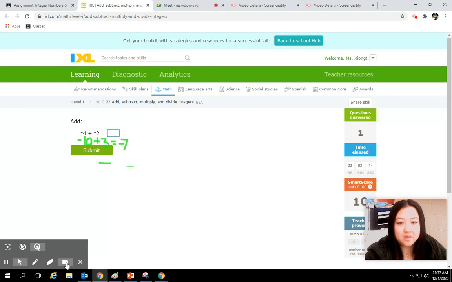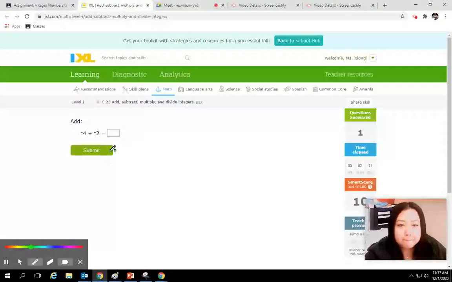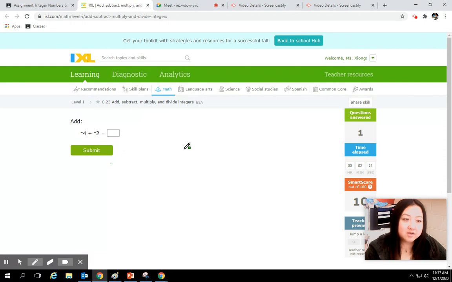Next one. I'm just going to write on the side now. We have a -4 plus a -2. When you are doing a positive plus a positive, it's just more. When it's a negative plus a negative, again, it's just more negatives. Earlier, positive plus positive is more positives.